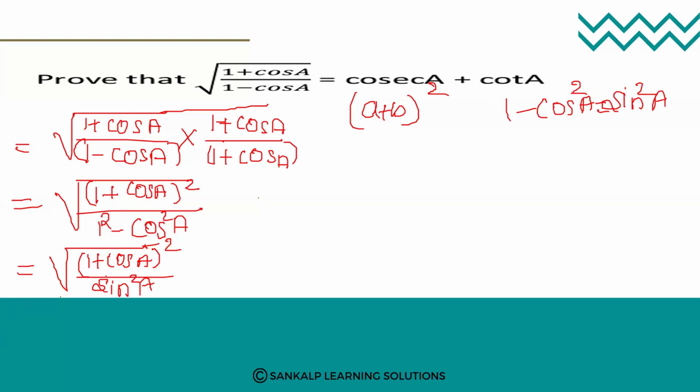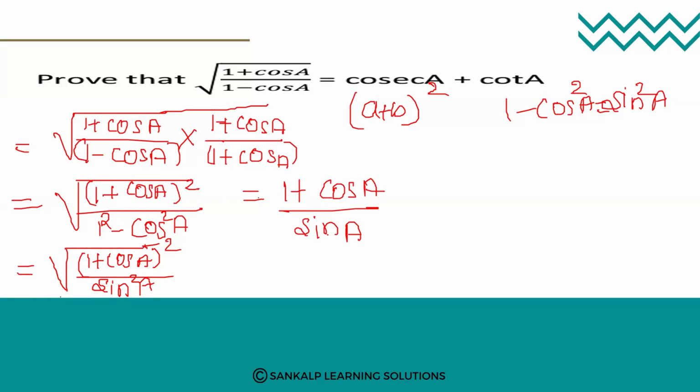If we take it out of the root, what happens? 1 plus cos A divided by sin A. This square and square root will get cancelled. What remains? 1 plus cos A divided by sin A, right?